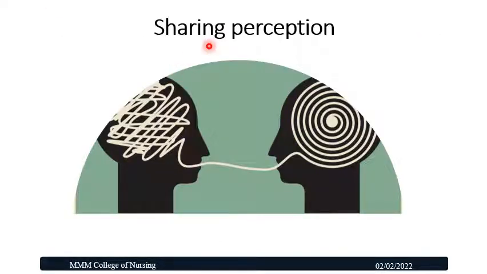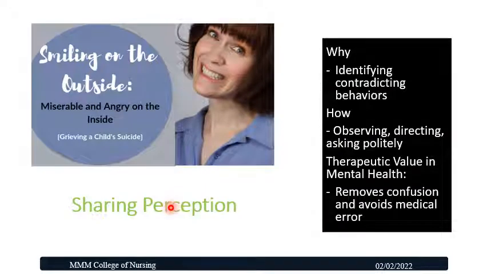Sharing perception is asking the patient to verify the nurse's understanding of what the patient is thinking or feeling. Why is sharing perception used? For identifying contradicting behaviors. How is it practiced? The nurse observes and asks politely.